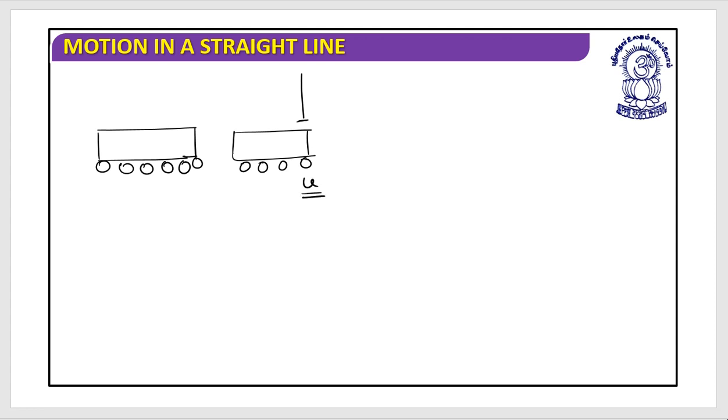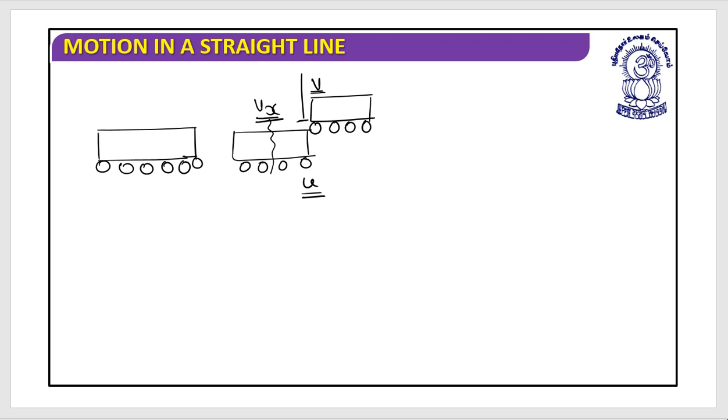When the situation is such that it is just the ending part, this is v, and when the midpoint passes this pole, let's say the velocity is vx. I am interested in finding vx. So what can I do?